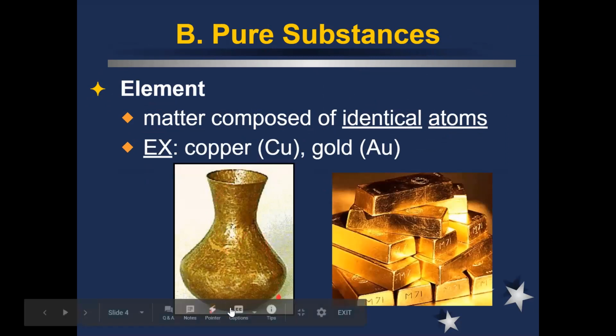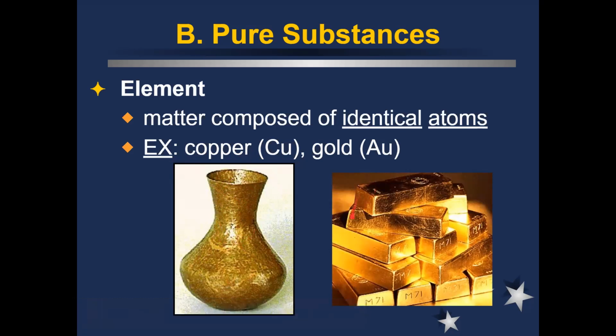Like this pot over here is like an ancient Greek pot or something made out of copper. So every single atom in this pot right here is a copper atom. There's no other oxygen or tin or iron or anything mixed in there. It is 100% pure copper.